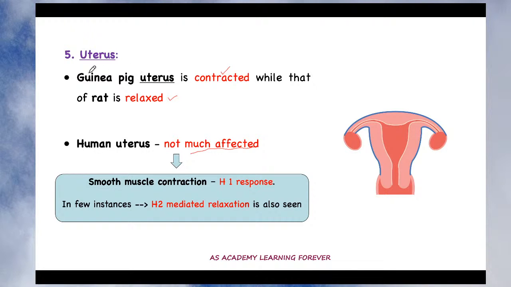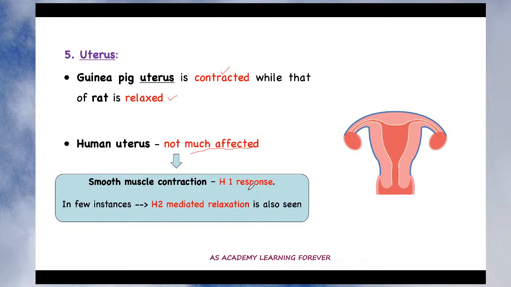For example, why does the guinea pig uterus produce contraction, why does the rat uterus produce relaxation, and why in case of the human uterus is there not much effect? Now let's see which receptor produces the contraction and which receptor is responsible for the relaxation of these uterine preparations.